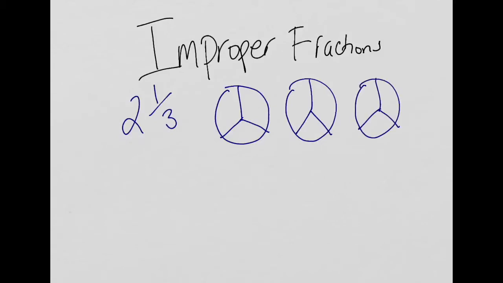And 2 1/3 simply meant that we were using up 2 wholes and 1/3 of another one. So with an improper fraction, the denominator here would stay the same. So the denominator here is 3.